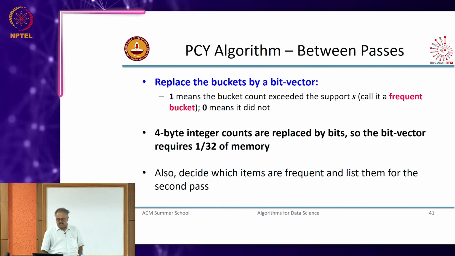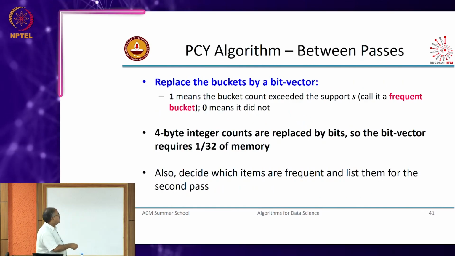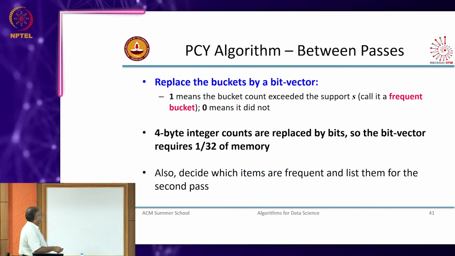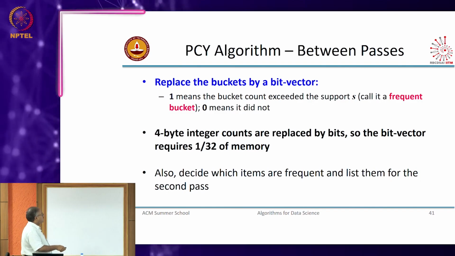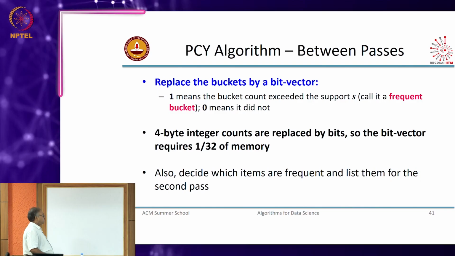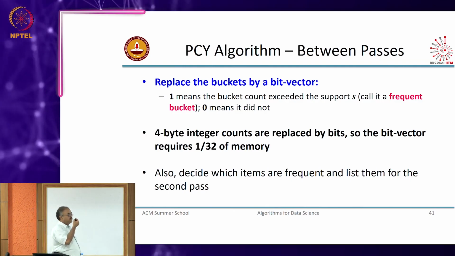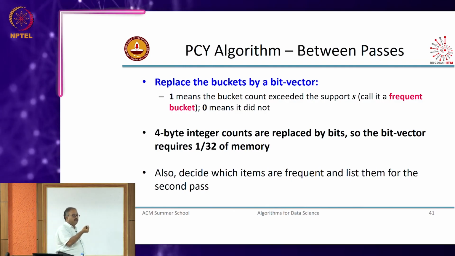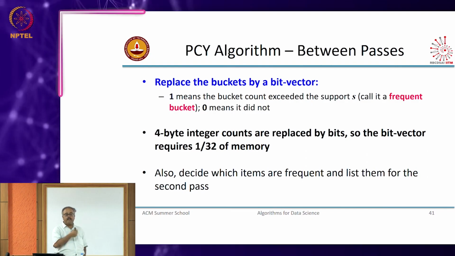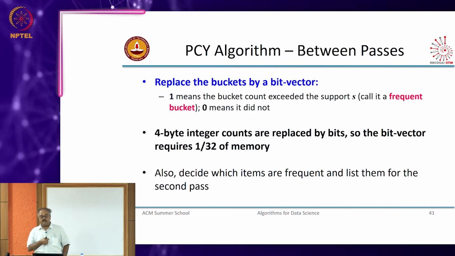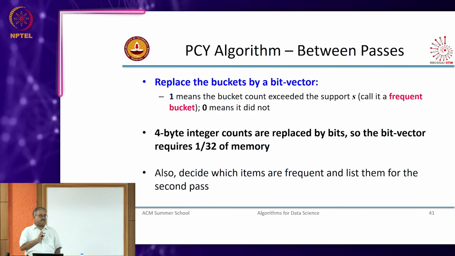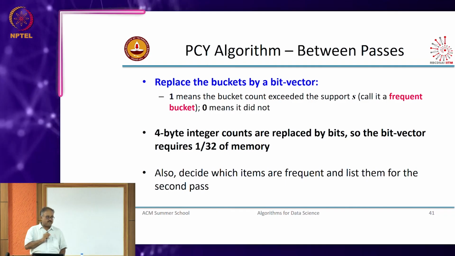So how do I do this? I replace the set of buckets, the hash table that I had, with a bit vector. So 1 in a position means that the corresponding bucket had a count greater than S, and 0 means it did not.